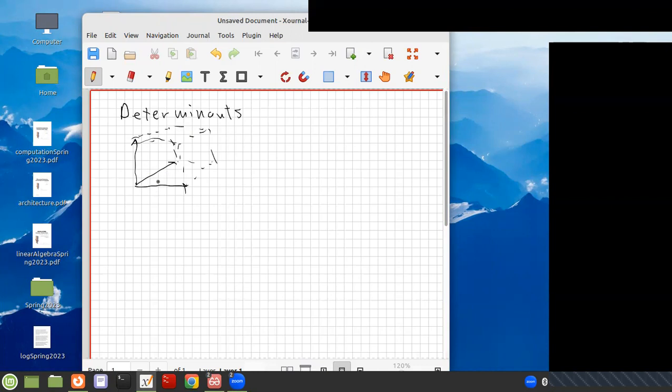Say I have the x direction, the y direction, and the z direction, and I have a basis vector in each of these directions, say e x, e y, and e z.